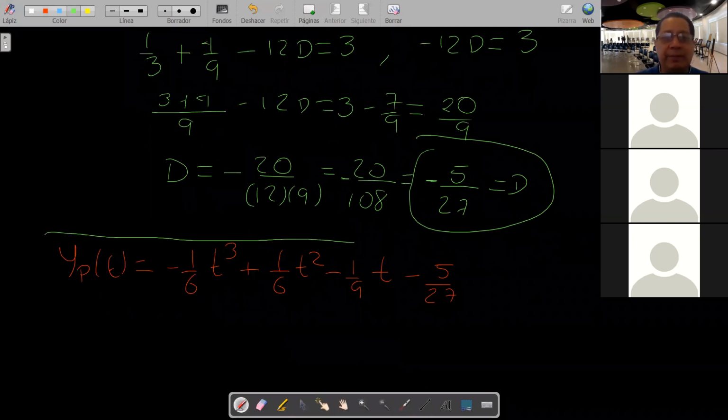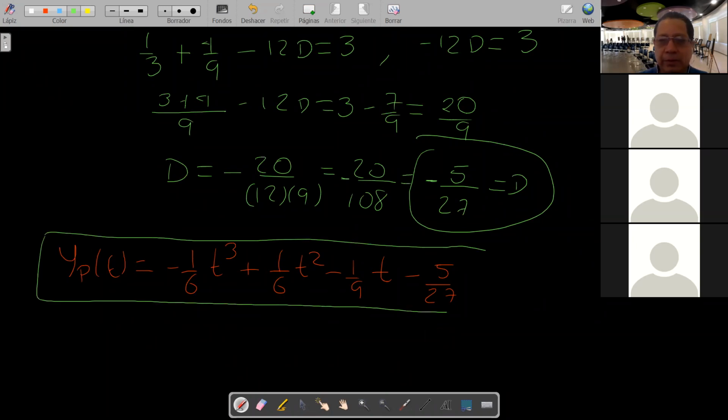Teacher, I don't remember how did we know that it actually worked. I mean, we have the solution right now, but how are we sure that this satisfies the initial equation? Because we know that this should be equal to 2t cubed minus t plus 3.